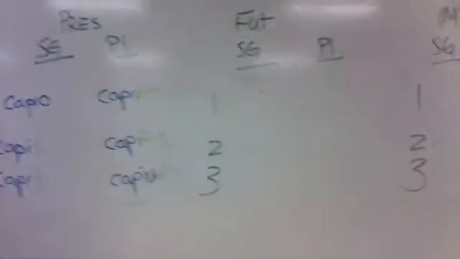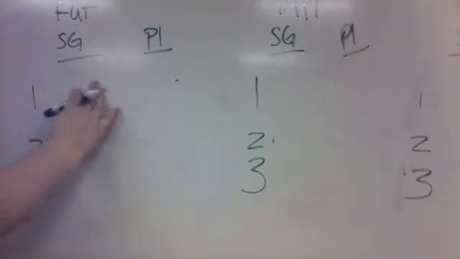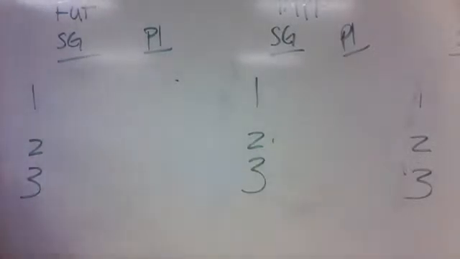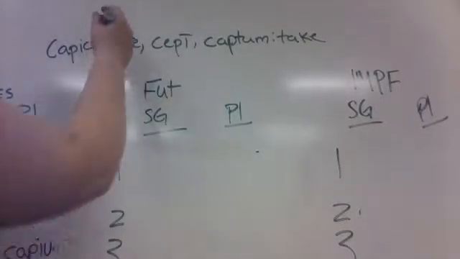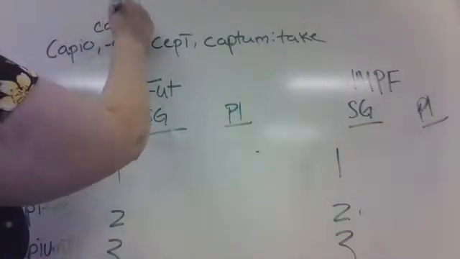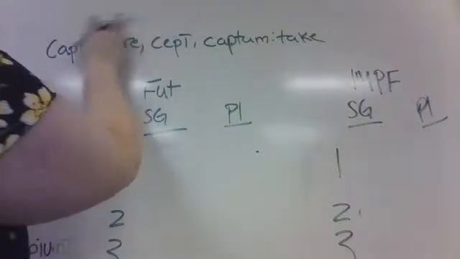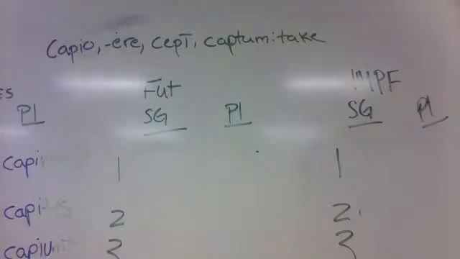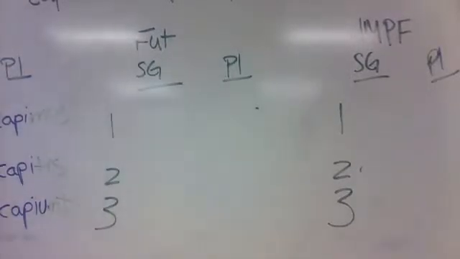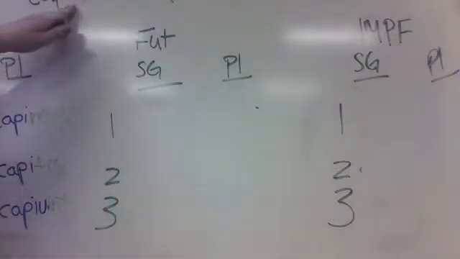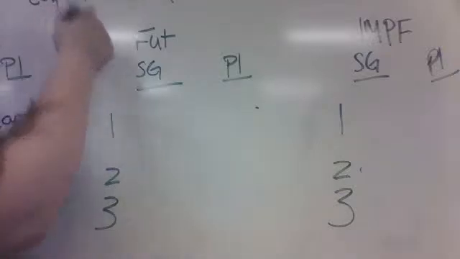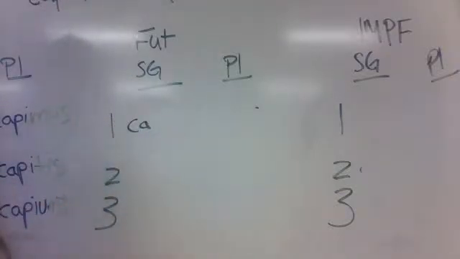Because if we were to write this verb all the way out instead of abbreviating it like I do, we first get our stem, ERE, but that I is there in the first person, so we need to keep that I.